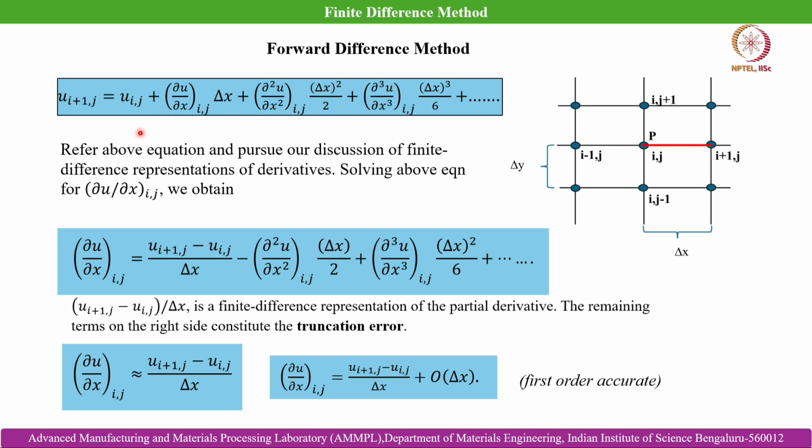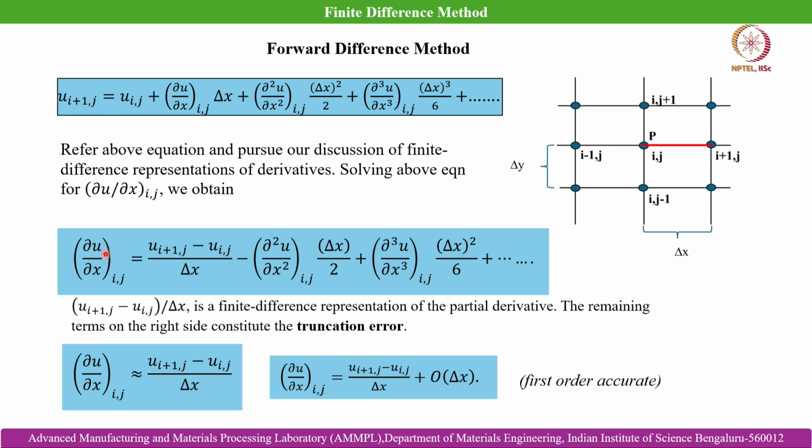So this is the above equation, and we pursue our discussion of finite difference representations of derivatives. From here we can identify the value of the first derivative of u in terms of x. So, del u del x at i, j we can identify, because we have already estimated the value of the primary variable at u i plus 1, j.